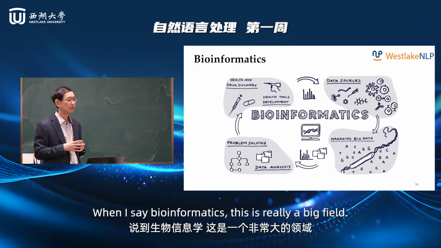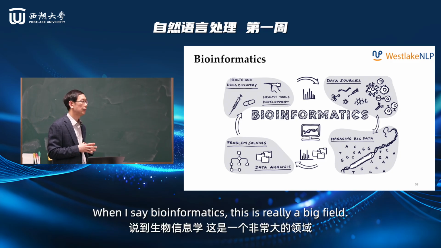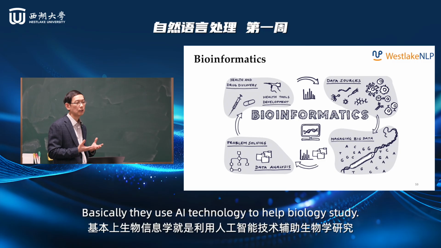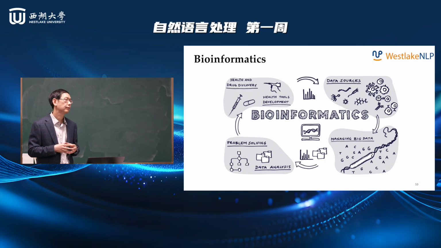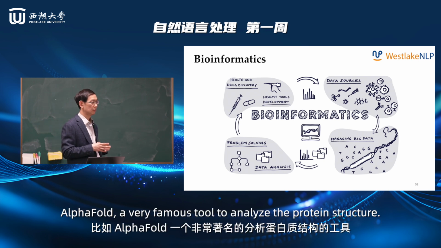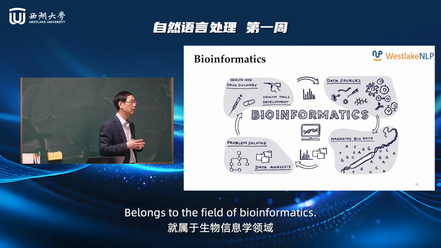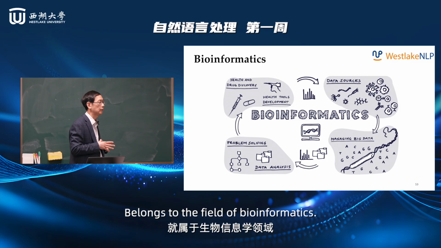When I say bioinformatics, this is really a big field, okay? So basically, they use AI technology to help biology study. AlphaFold, a very famous tool, right, to analyze the protein structure, belongs to the field of bioinformatics.